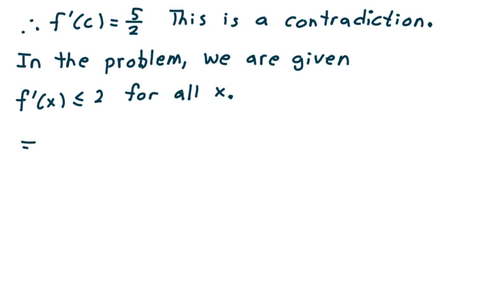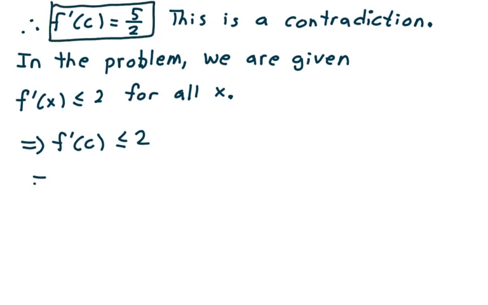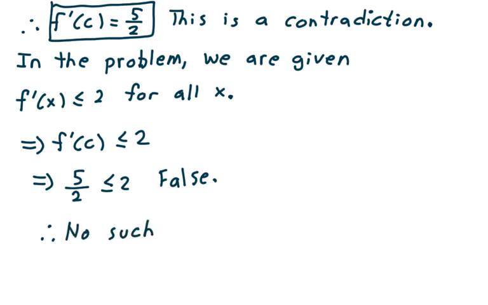And so that implies f prime of c is less than or equal to 2. But we just said that f prime of c is 5/2. And so 5/2 is less than or equal to 2. And that's false. And so therefore, no such function exists.